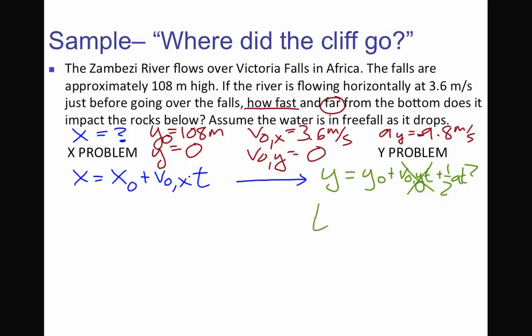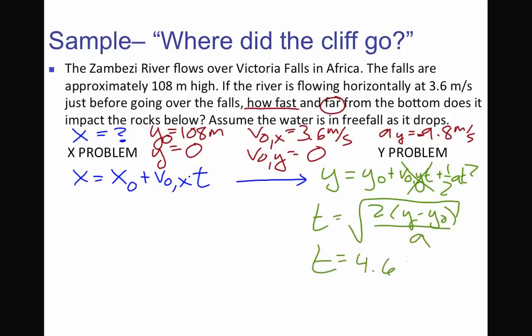If we rearrange this, the time ends up looking like the square root of 2 times y minus y0 over a. And when you plug everything in and solve, you're going to get 4.695 seconds. I'm trying to keep a lot of sig figs so we don't make any rounding errors. And now we can go back, knowing the time, and find the x distance from the base of the cliff, the x position where it lands.